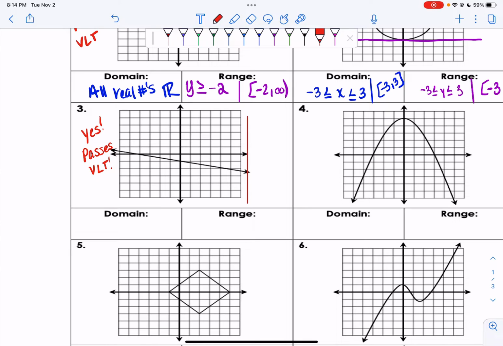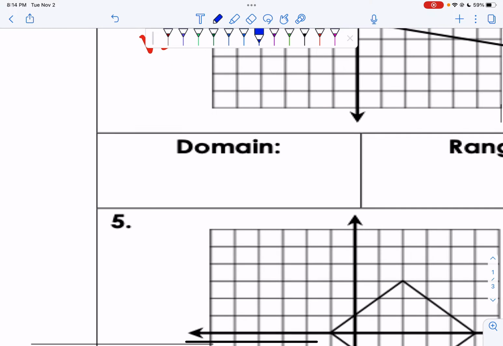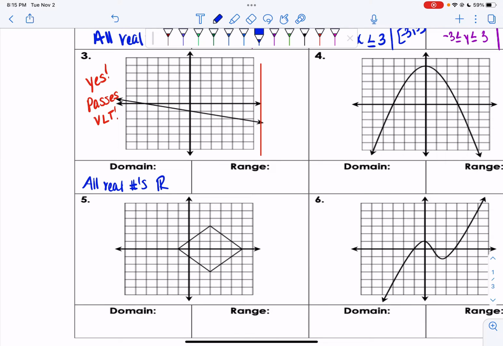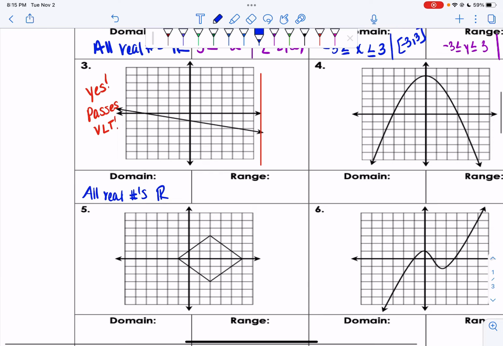Well, we know our graph is going on forever and ever. So what we're going to do is say that our domain is all real numbers, which we can write with this fancy letter R. Your range, since it's no high and no low, is also going to be all real numbers.